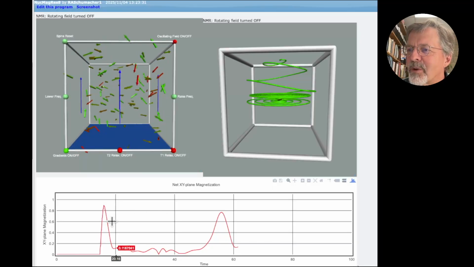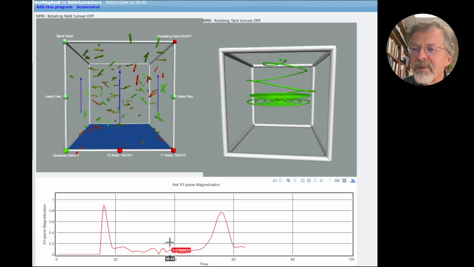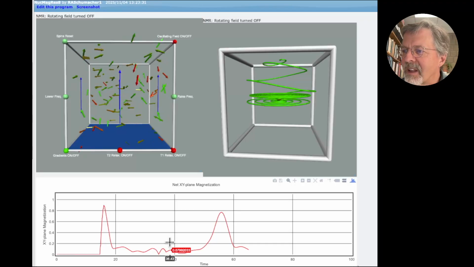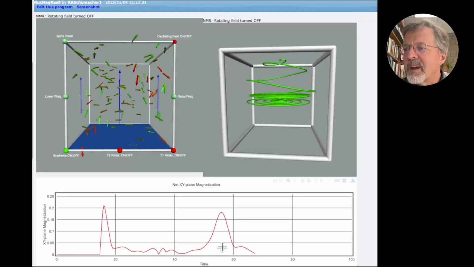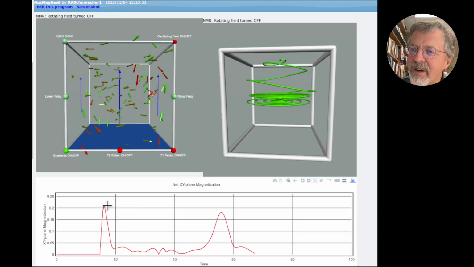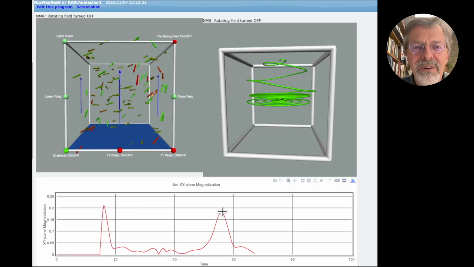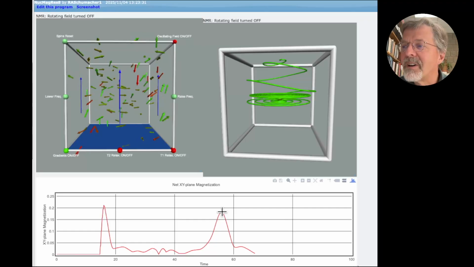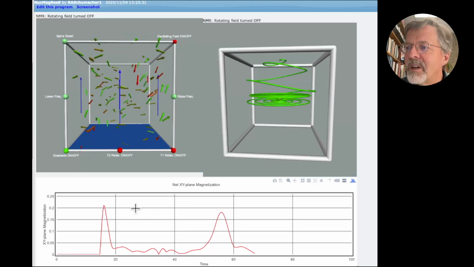So that's it. Between here and here, we let them get out of step, and we flip their phase. And then after an equal amount of time, they come back into step, and this is the famous spin echo. So the difference in height between here and here is, if the T2 effect were enabled, that height decrease would tell me how much of the T2 physics was going on between here and here.